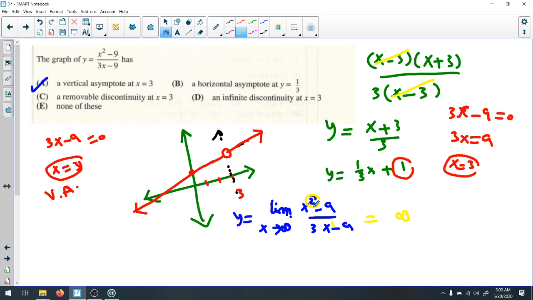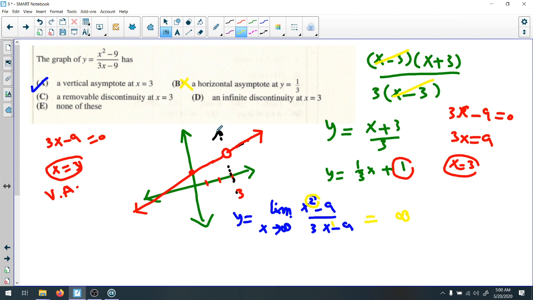If we have the same exponent level, like x squared and x squared, we divide the coefficients. We will talk about that more next time. So is the horizontal asymptote y equals 1/3? No, we don't see y equals 1/3. It will be infinity.